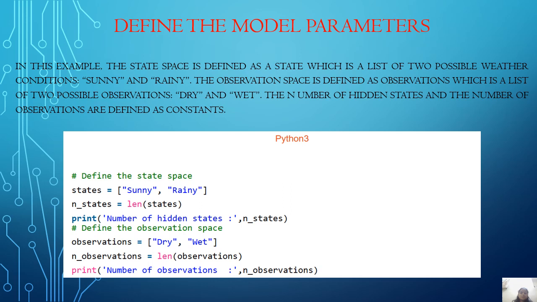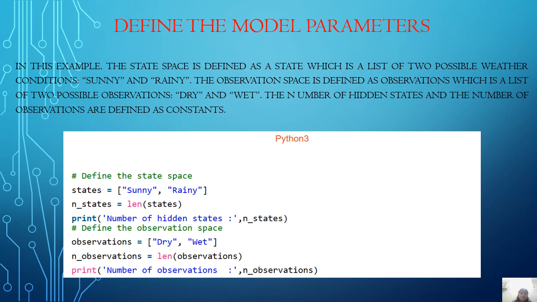Then we go to the Python code here. So the first line is a command line. You are going to mention the state space. So states here are sunny and rainy. Then you're going to take a variable n_states, and you're going to find the length of the states by using the len function. Then you're going to print the number of hidden states. By the print function, you're going to write the statement number of hidden states and print n_states.